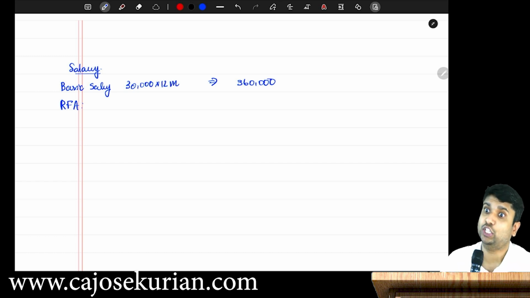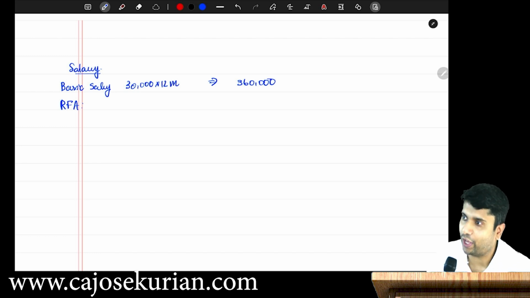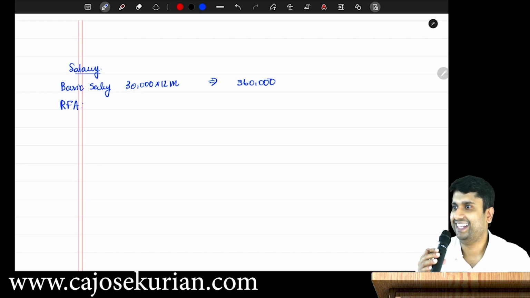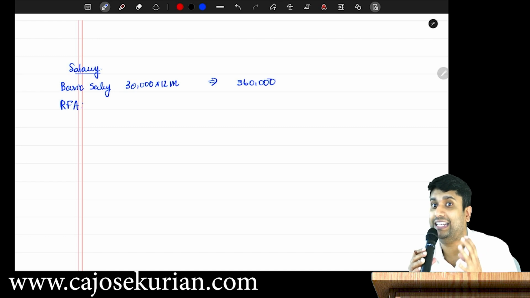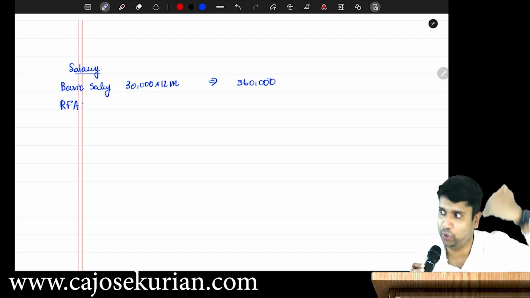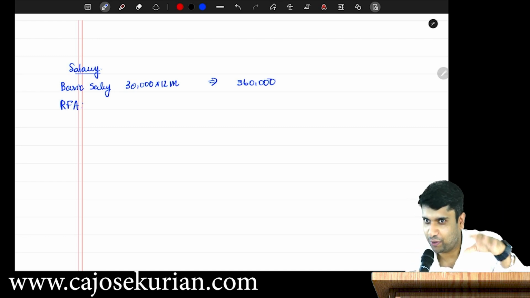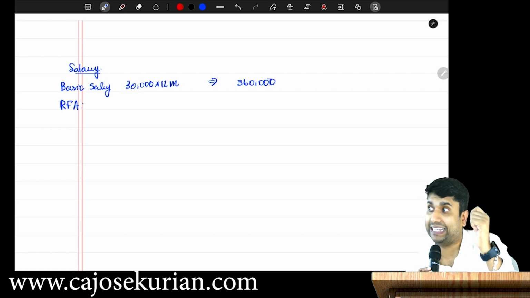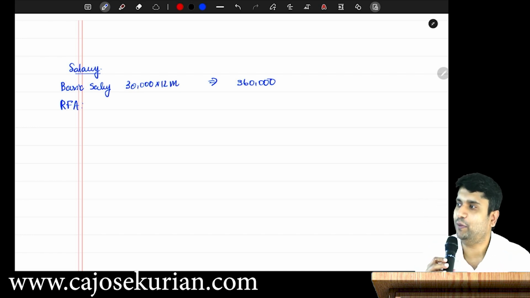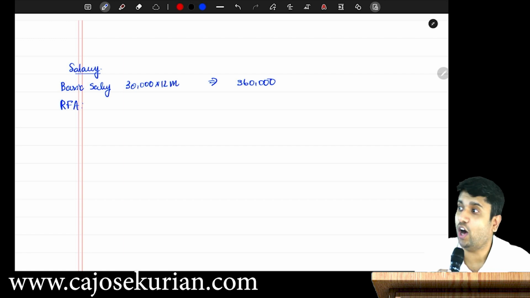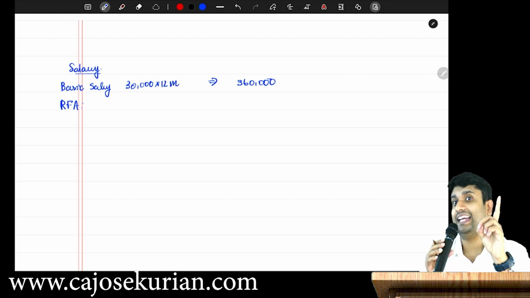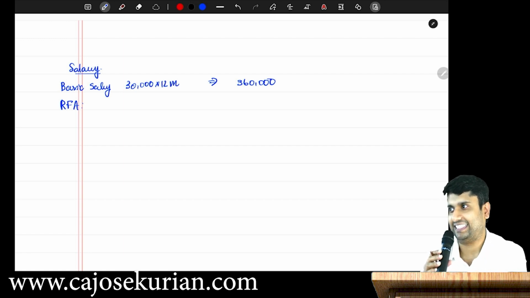Now the house is not owned by the employer because you are the owner. The employer has taken that house on lease from you. So what you need to do, the house is actually taken on rent or lease. Now how to value? Either the rental amount paid by my employer or 15% till August, 10% thereafter.